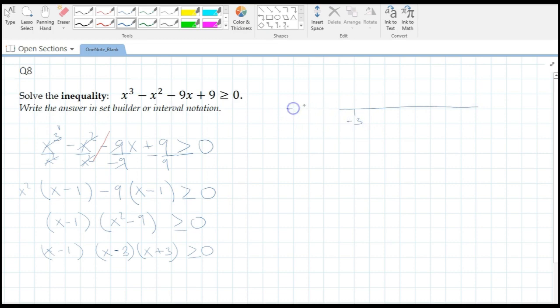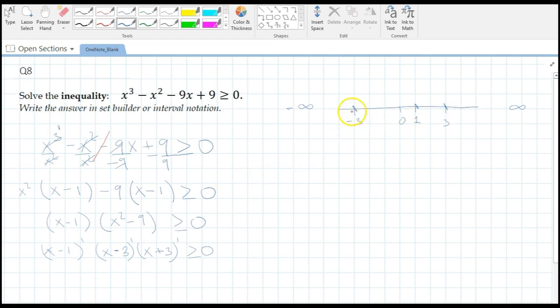Remember, always here we have negative infinity and positive infinity. 2, 1, 0 is around here. 1 is around here. 2, 3. All our exponents are 1. So we know the graph is going to be crossing at each of these points.